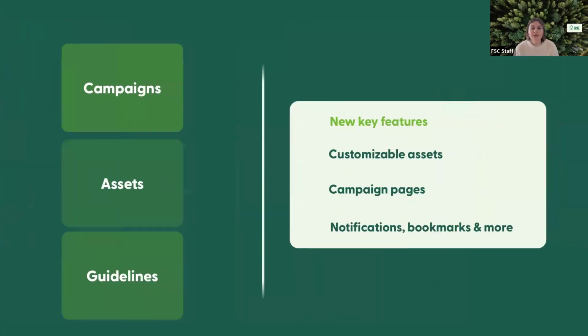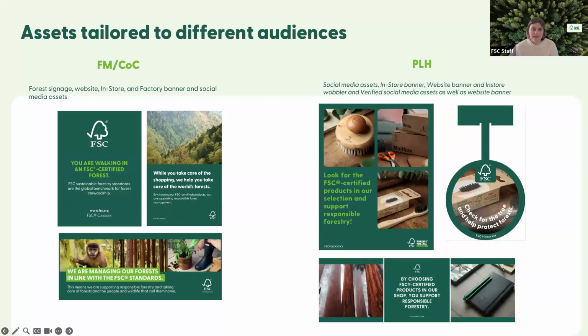The Brand Hub also includes a campaigns page where you can access various global campaigns like FSC Forest Week. And there are also customizable assets, guidelines, and new functions such as notifications, bookmarks, and more, which we will get into a little bit more in our live walkthrough. There are different assets tailored to various audiences, like forest management certificate holders, chain of custody certificate holders, and promotional license holders.